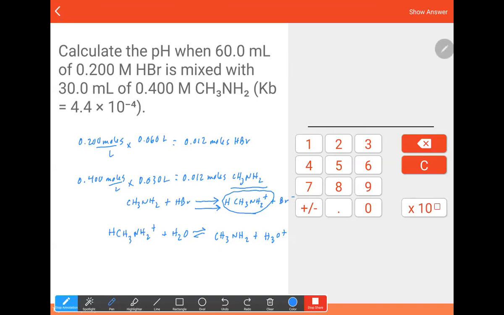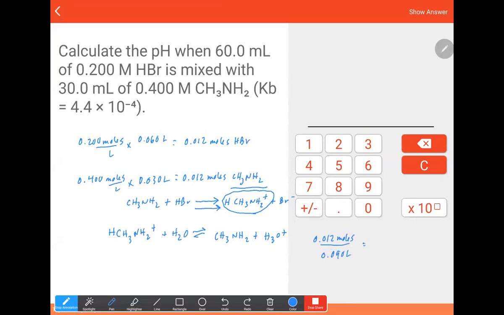So we are going to first figure out what is our concentration of this conjugate acid, right? We mixed two solutions together, so we've got to find our new volume. So we created 0.012 moles of this solution, but now it is in 90 milliliters.